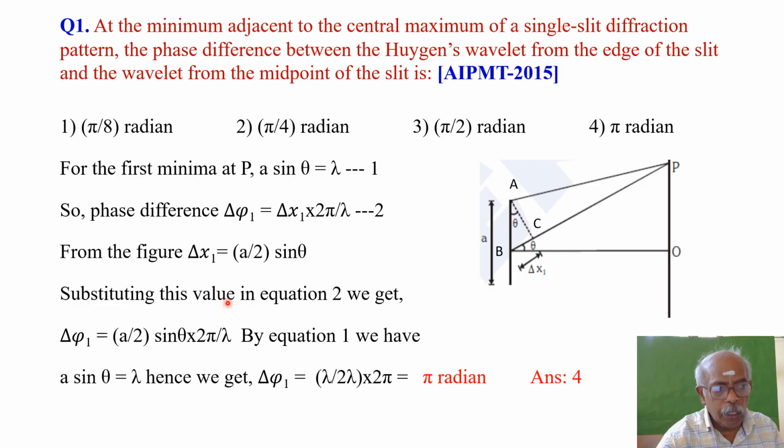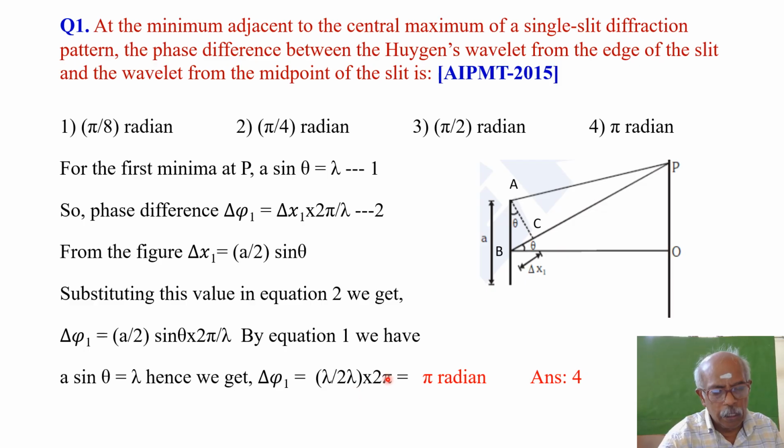So a sin theta by 2 in the denominator, remember. So for a sin theta you can put lambda. So delta phi 1 is equal to lambda divided by 2 into 2 pi by lambda.